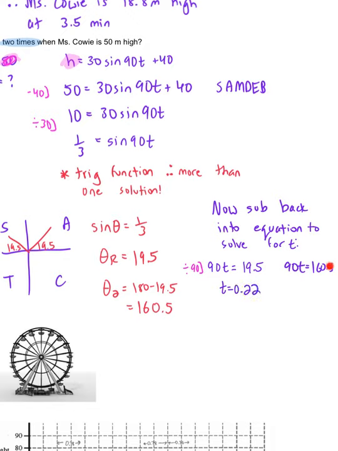And then the second equation, 90t equals 160.5. Again, divide both sides by 90, and you get t equals 1.78. So that means Miss Cowie is 50 meters above the ground at 0.22 minutes and again at 1.78 minutes.